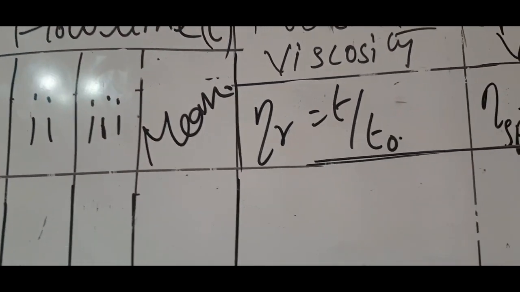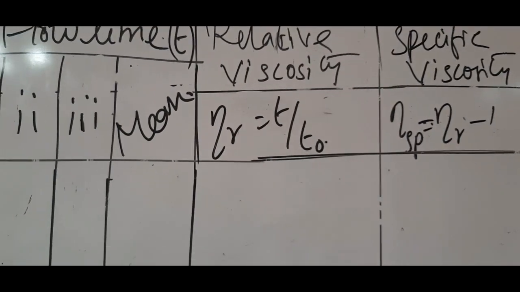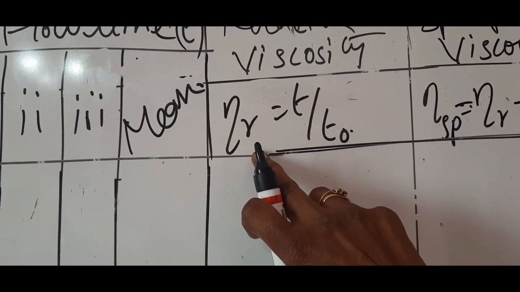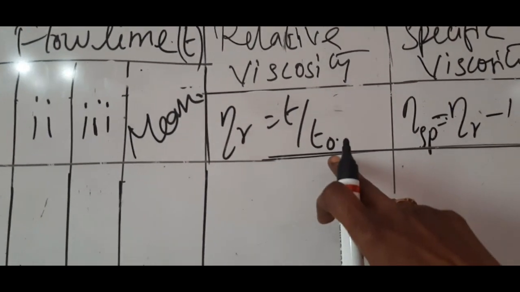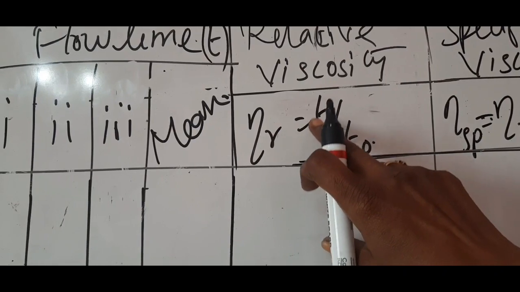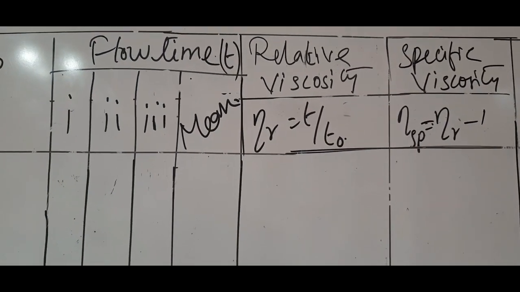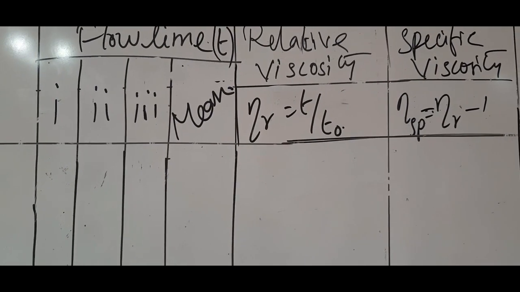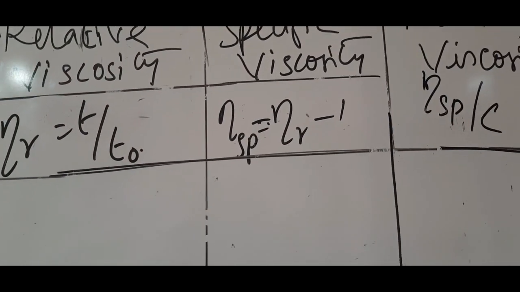Then you have to calculate relative viscosity, which is represented as eta R. Relative viscosity you can get by dividing T by T naught. Then you need to find the specific viscosity.